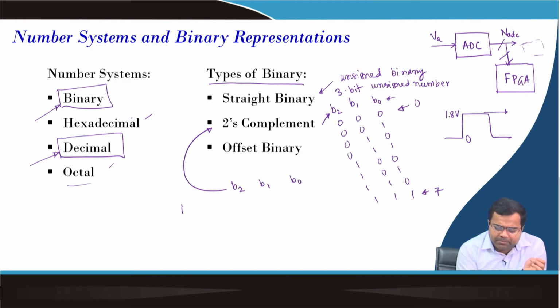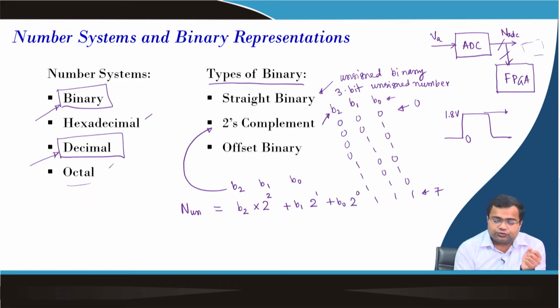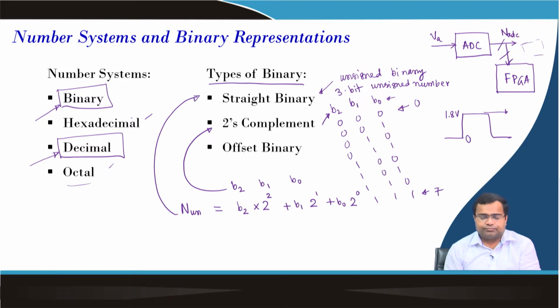So, what will be the number in unsigned form? That will be B2 into 2 to the power 2, plus B1 into 2 to the power 1, plus B0 into 2 to the power 0. So, this is an unsigned number which goes back to this straight binary.